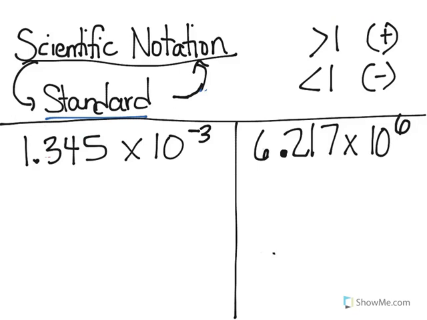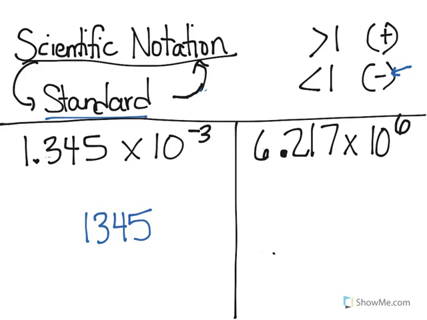1.345 times 10 to the negative 3. So I take my main number, 1345, and then I look at my exponent. Is it positive or negative? In this case, it's a negative 3. So I'm going to look up here at my negative, and that tells me I'm less than 1.